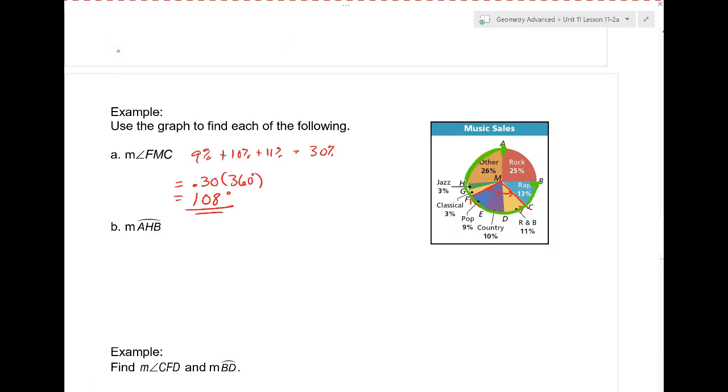First of all, is that a major or minor arc? It's a major arc, correct? Now, I could take the time and add all of those up, correct? Or can I go a faster way? What's the faster way? Yeah, subtract 125 from 100, right, and get what percent? 75%.